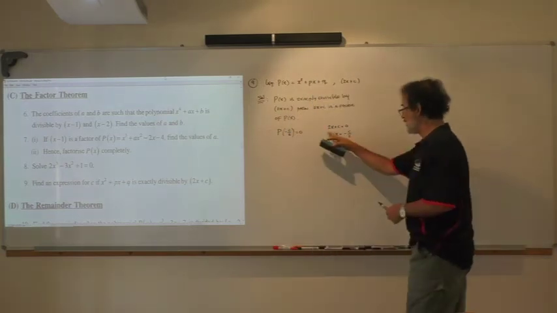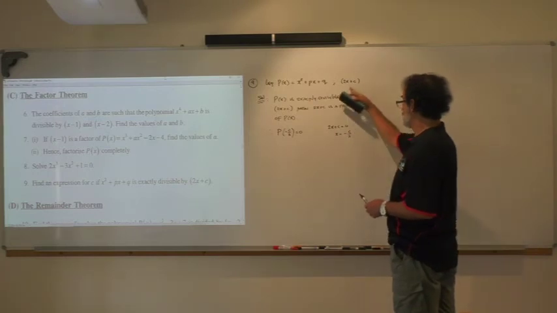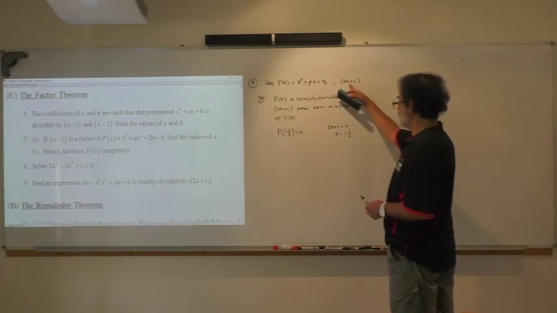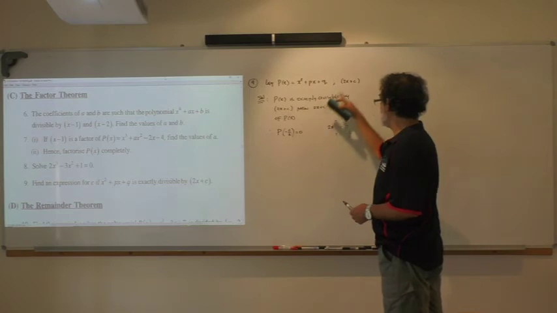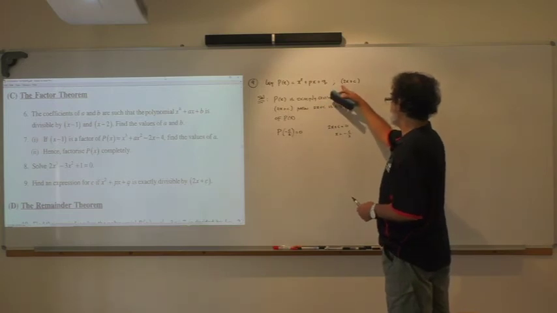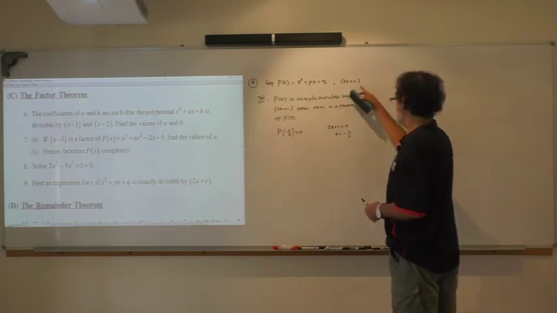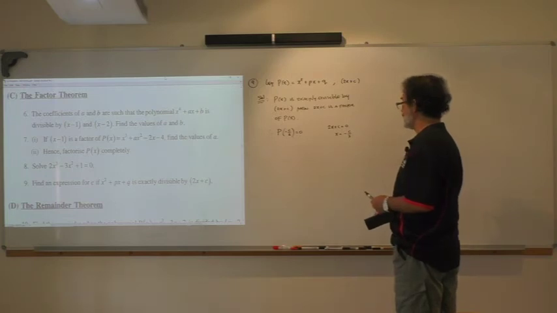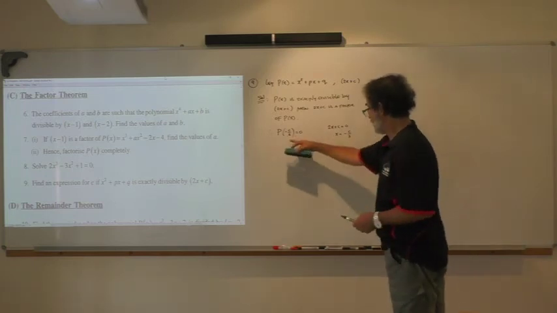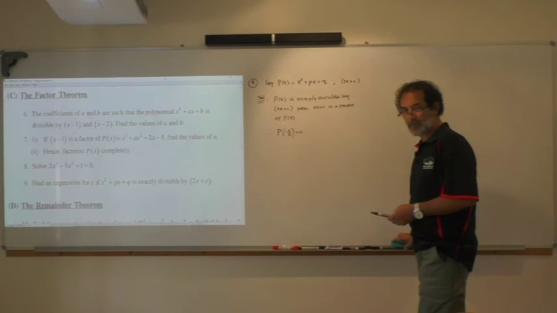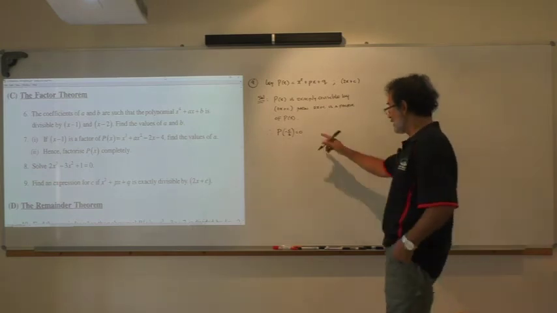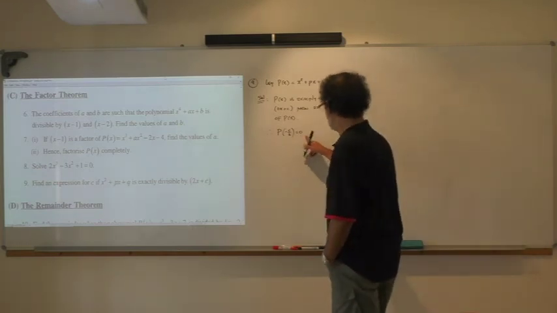So keep in mind that what we're actually doing when we substitute a number in here is that we make that equal to 0, find the answer for x, and that is the number that we put in here. Okay, so this is what is happening.